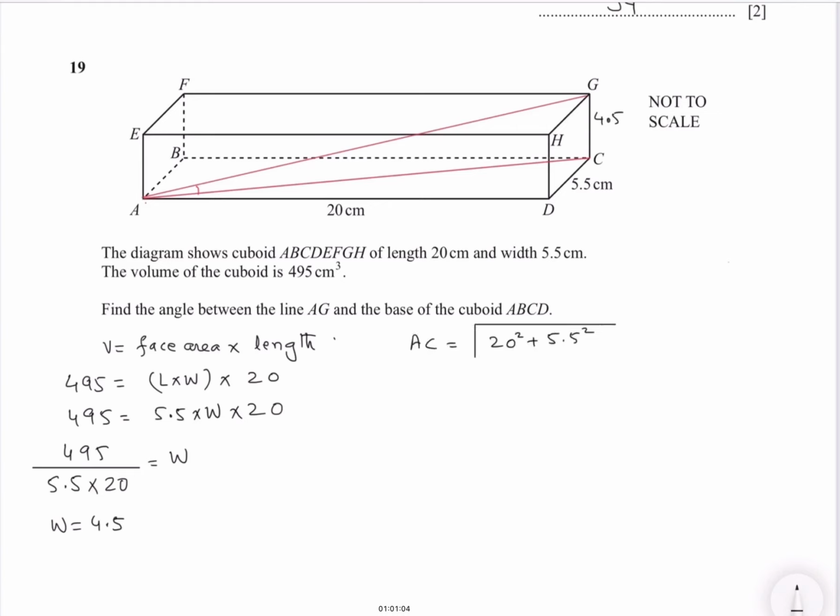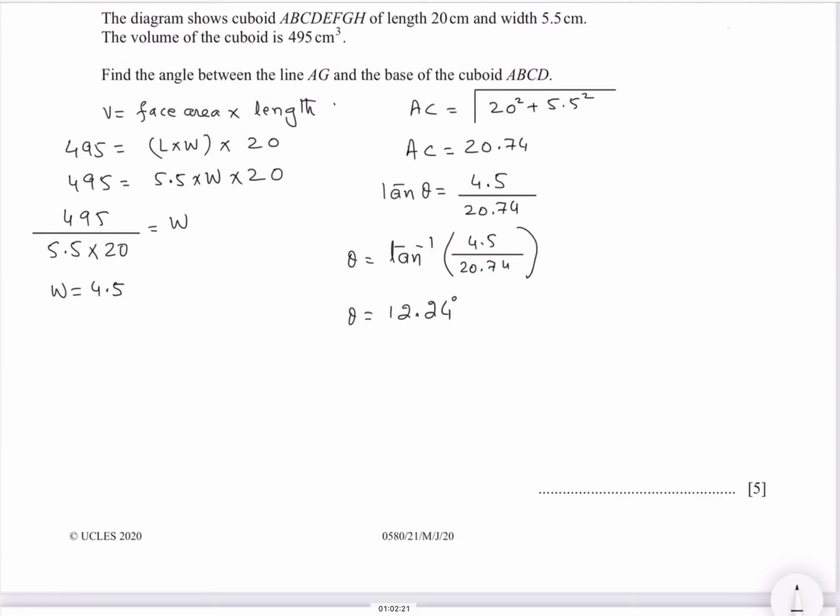So square root of 20 squared plus 5.5 squared will give you the length of the diagonal AC, which is 20.74. Now you can find the angle easily, opposite over base, which is tan theta. So tan theta is equal to 4.5 over 20.74. So theta is 12.24.